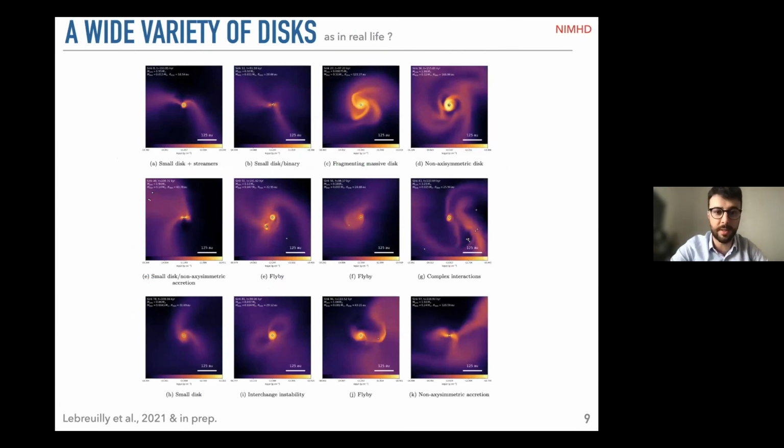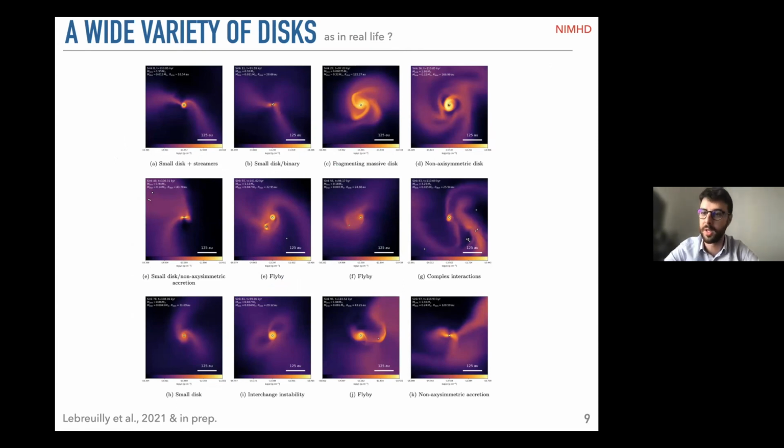So just before going to my conclusion, I would like to show a bit of fancy stuff, where we can see that our disks show quite a lot of features, and I think that these features resemble quite a lot the features of older disks.